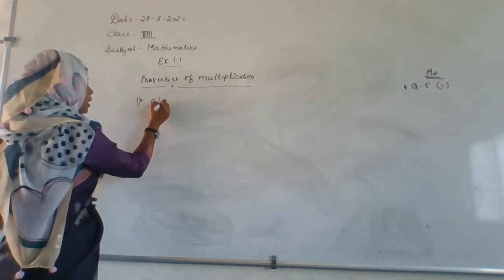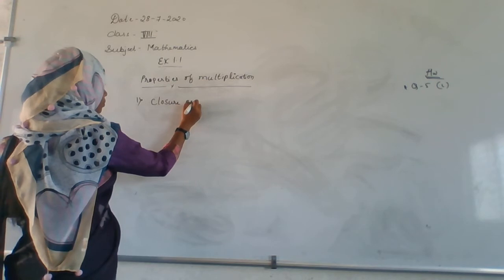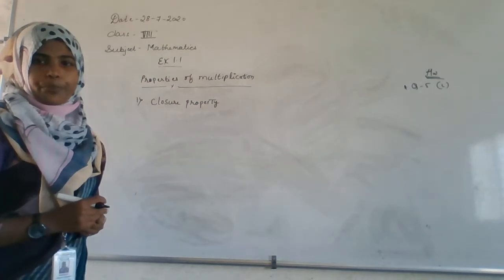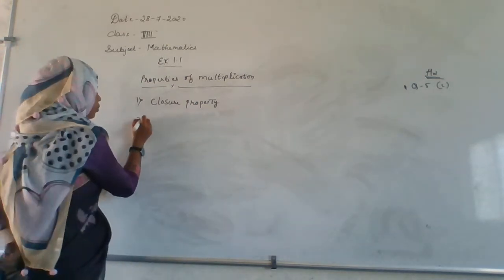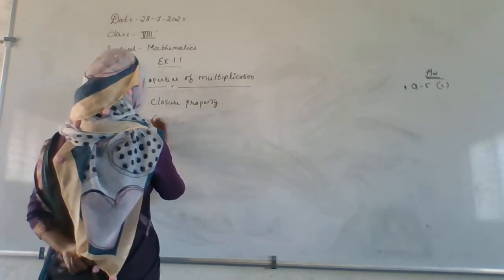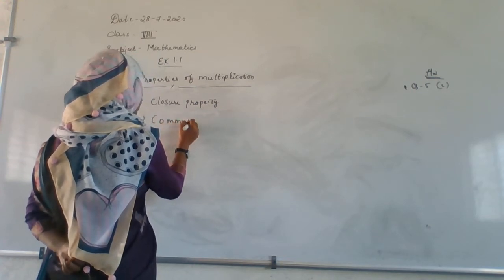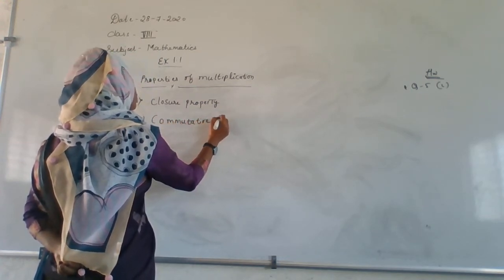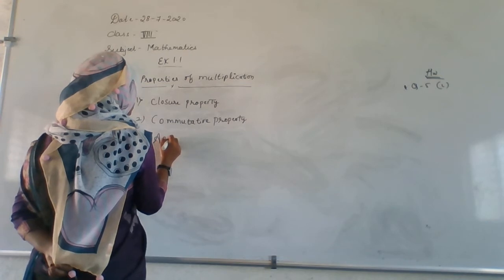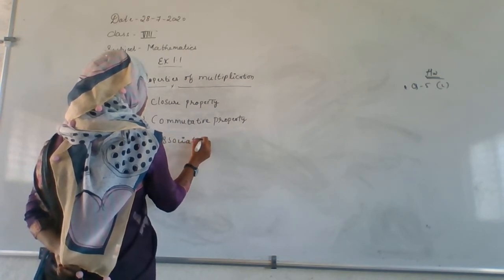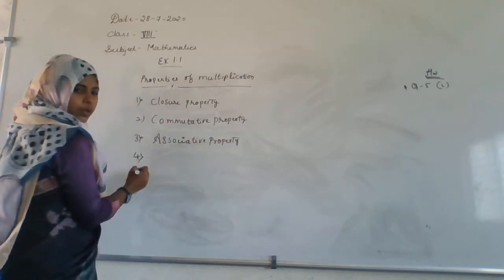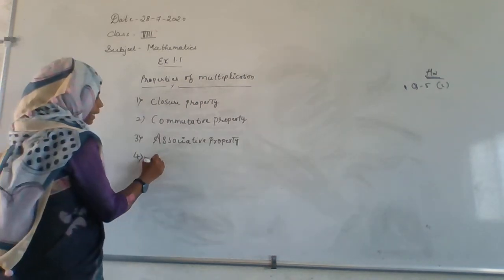The first is the closure property, and the second is the commutative property, and the third is the associative property, and the fourth is the multiplicative identity.